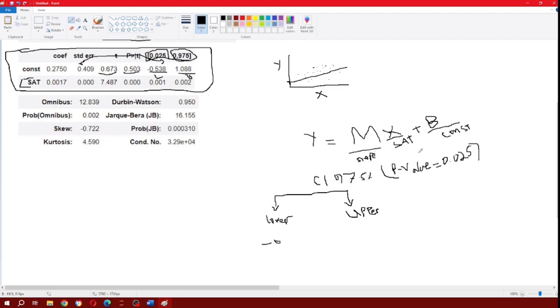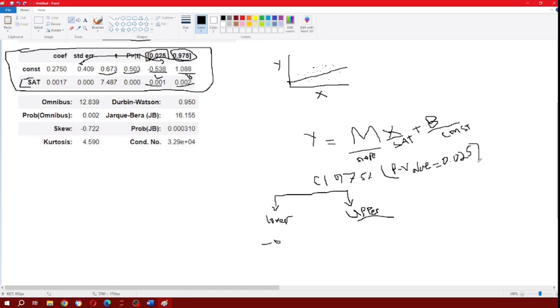So as I said, we have the constant, which is b, and x, which is the independent variable that we assign or predict for, and then we have the slope, which is 0.0017. The slope for the SAT has a confidence interval at 97.5% with a p-value of 0.0025, with a lower boundary of 0.01 and an upper boundary of 0.02.